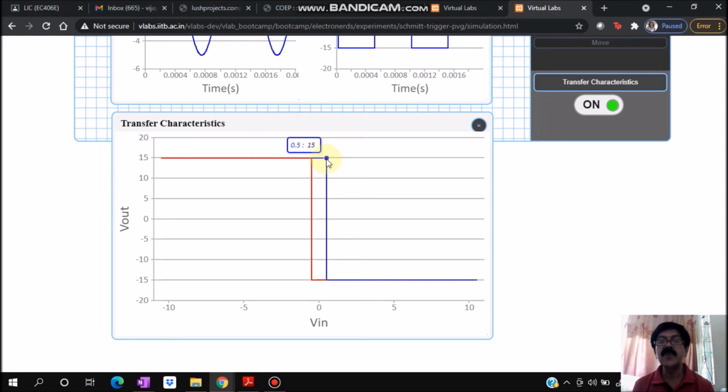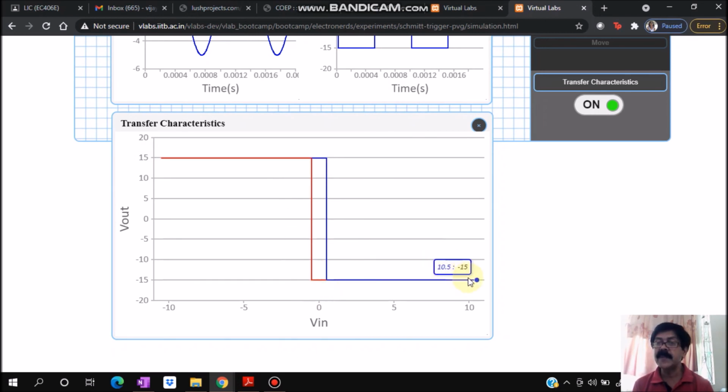Now when the input goes above 0.5 volt, it switches from plus Vset to minus Vset. And when I increase the input voltage, let's say 5 volt, 10 volt, it remains in the minus Vset only. So when I am going from minus 10 to 10, when initially the output voltage was plus Vset, it switches from plus Vset to minus Vset at plus 0.5 volt, and then it remains in the minus Vset.